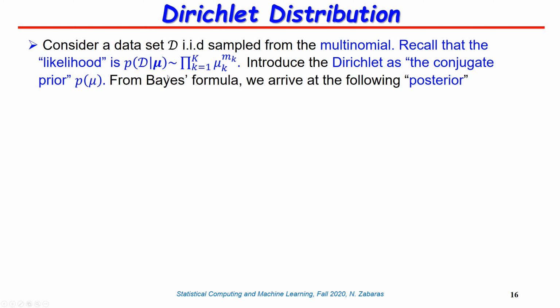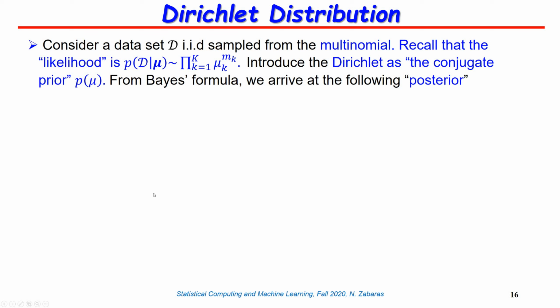You remember, if you do n experiments with the multinomial distribution, and you collect m1 times representing the number that you hit state 1, m2 the number of times that you hit state 2, etc. This is the likelihood coming from the multinomial distribution. So I already mentioned that the Dirichlet is the appropriate prior. It's a conjugate prior to this likelihood because it has sort of the same mathematical form.